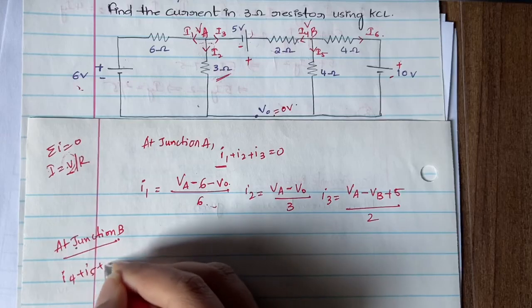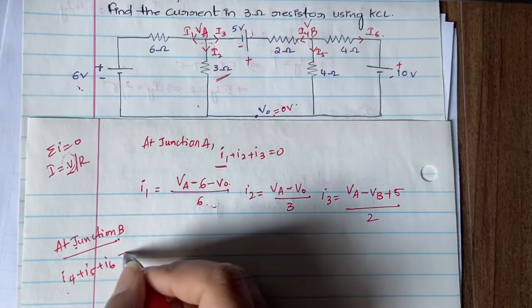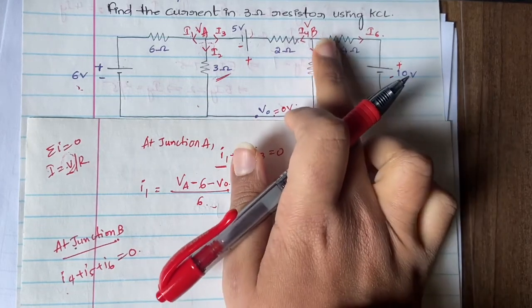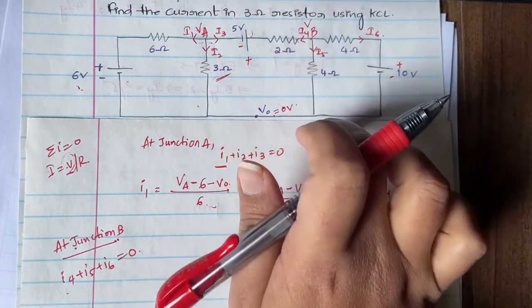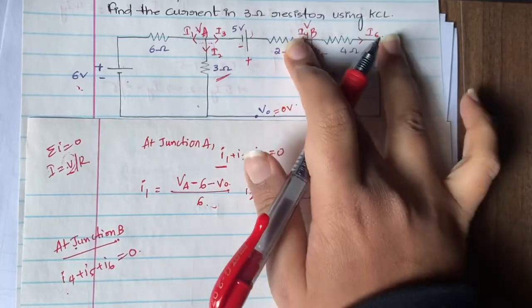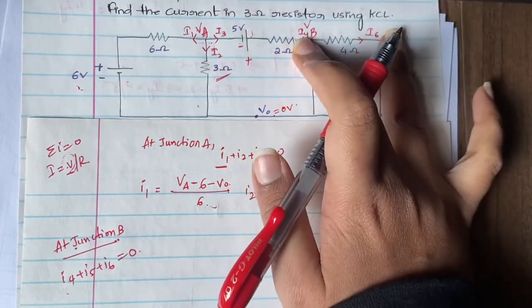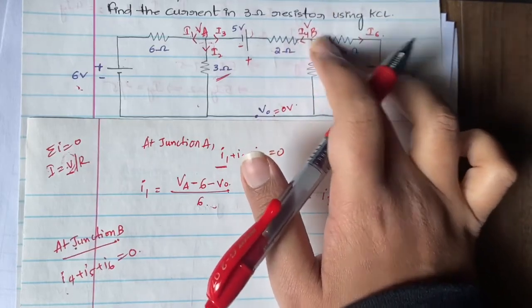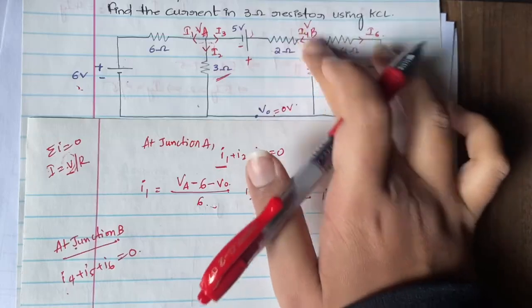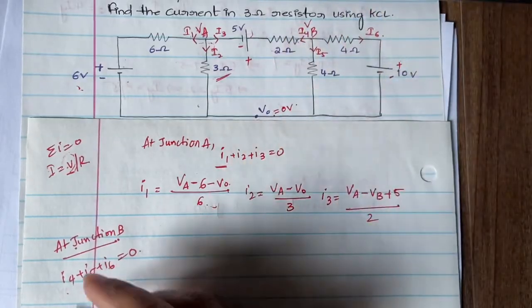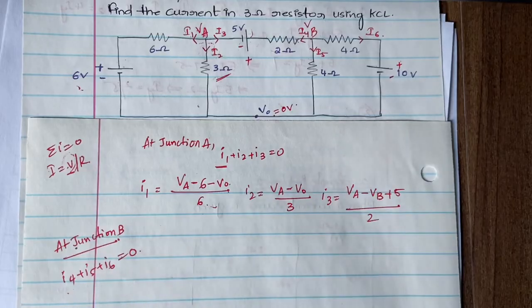I4 plus I5 plus I6 is equal to 0. So this is the KCL over here. For example, if instead of I5 going outside, it is going inside, then you will take I5 as minus and these two as positives, or I4 and I6 as negatives and I5 as positive. That means opposite sign you will take. But since every current is going in the same outward direction, you will be taking it as I4 plus I5 plus I6 is equal to 0.